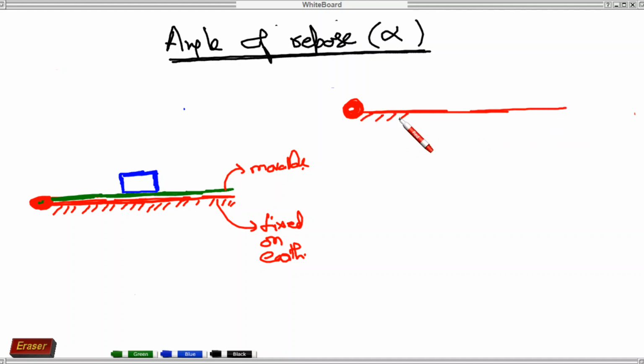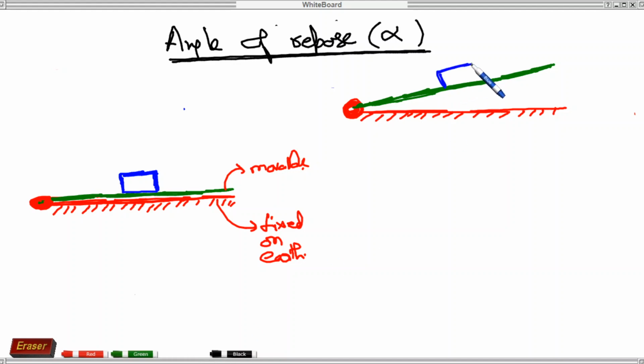Now what I am doing, this one is fixed, and now I started tilting it, because this one is movable. I started making some angle over it, and this block is kept over it.